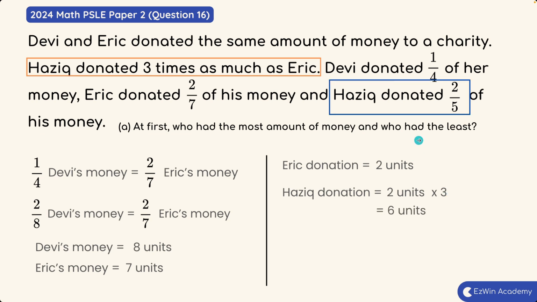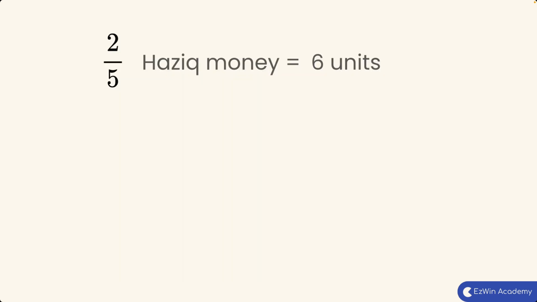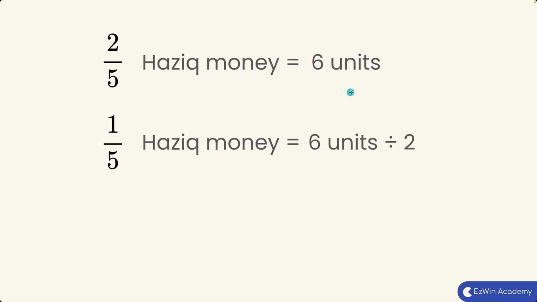Now, Hazik donated 2/5 of his money. His donation is 6 units, which is only 2/5. So 2/5 of Hazik's money is 6 units. We need to get Hazik's total money. If 2/5 is 6 units, then 1/5 is 6 units divided by 2, because the denominator of 5 represents the total amount of Hazik's money.